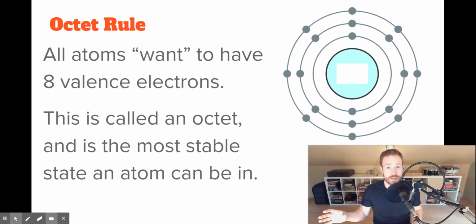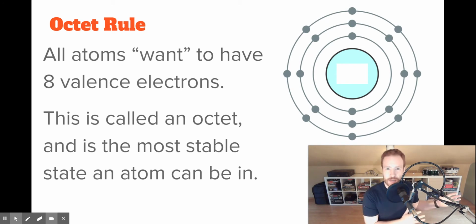And those are the noble gases, right? You may remember that I mentioned that noble gases are really not reactive at all. They are very unreactive, and that's because they already have eight valence electrons. So they're not going to try and do anything to get or lose any electrons. They've got what they want.